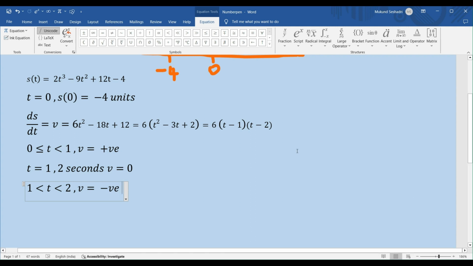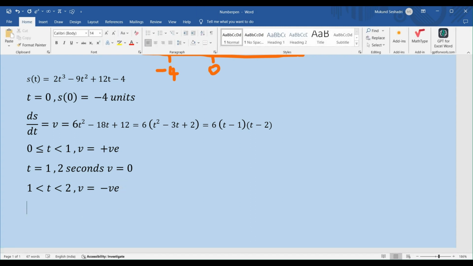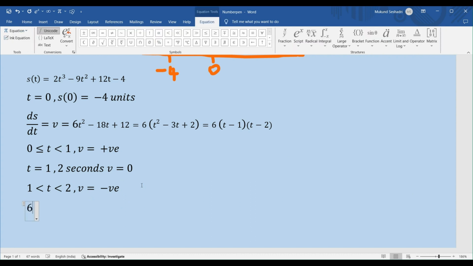Now let's come to the last part of this. What happens when t is greater than 2, right? When t is greater than 2, my velocity is quite evidently positive. And I don't think beyond that you need to worry about a change in direction, because for t greater than 2, your velocity is always positive. So what we see is it starts off with a positive velocity, 0 less than t less than 1.